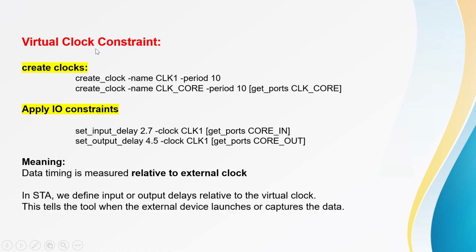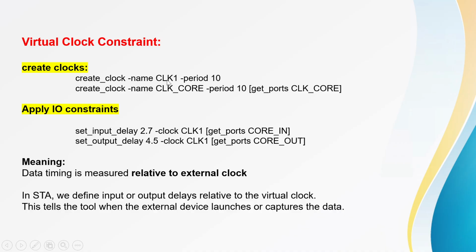Coming to the virtual clock constraint. In STA we define input or output delays relative to the virtual clock. This tells the tool when the external device launches or captures the data. Here we have clock1 with period 10.